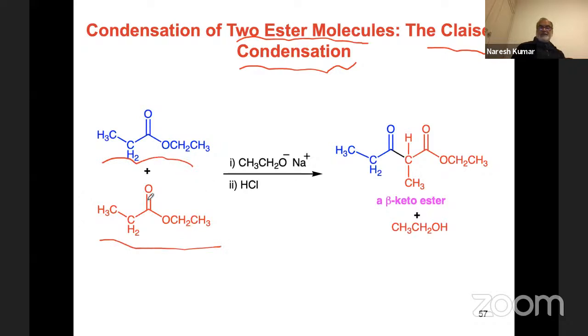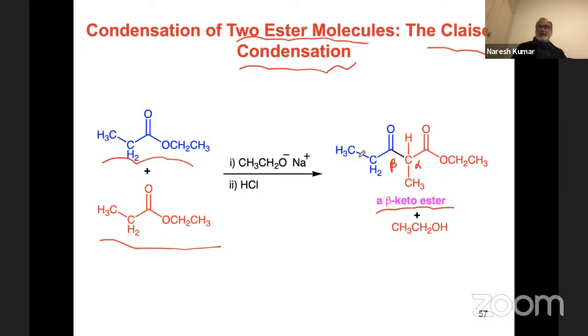If you condense these 2 esters together in the presence of a base, you will get this condensed product, and we call that a beta keto ester. The reason we call it a beta keto ester is that this is the alpha position, this is the beta position, this is a keto group, and this is the ester.